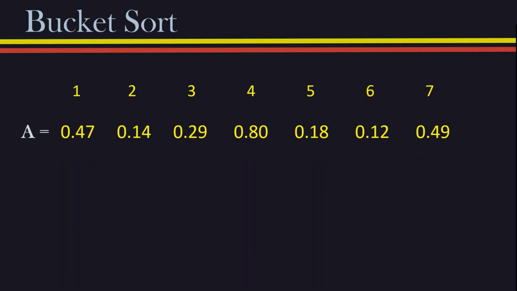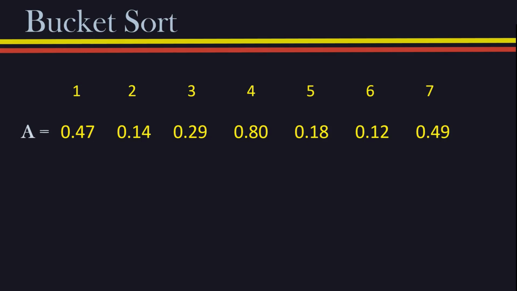Let's take an array that has uniformly distributed elements in the range from 0 to 1. Here our array is A and the elements are 0.47, 0.14, 0.29, 0.80, 0.18, 0.12 and 0.49.